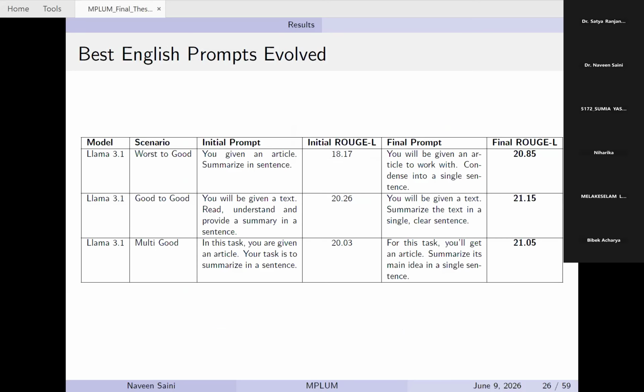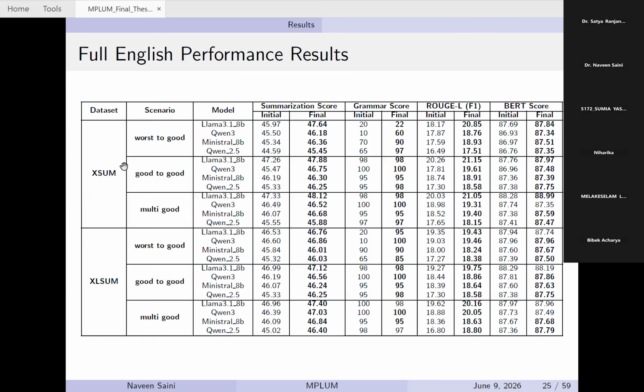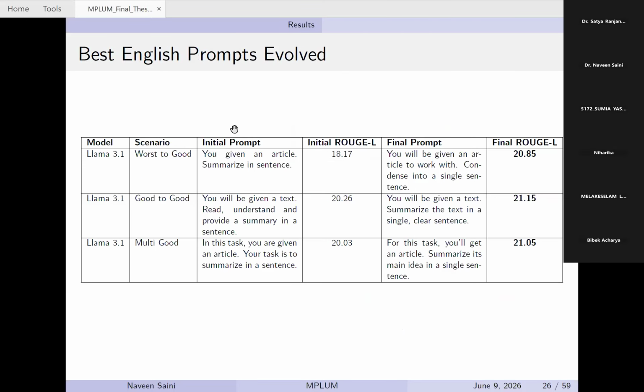Now, this is an example for the English language. Out of these, Llama 3.1 is performing well. So for worst to good, the initial prompt is: you are given an article, summarized in sentence. So the quality is not good. The initial Rouge score was 18.17, but after optimization, the final score was 20.85.